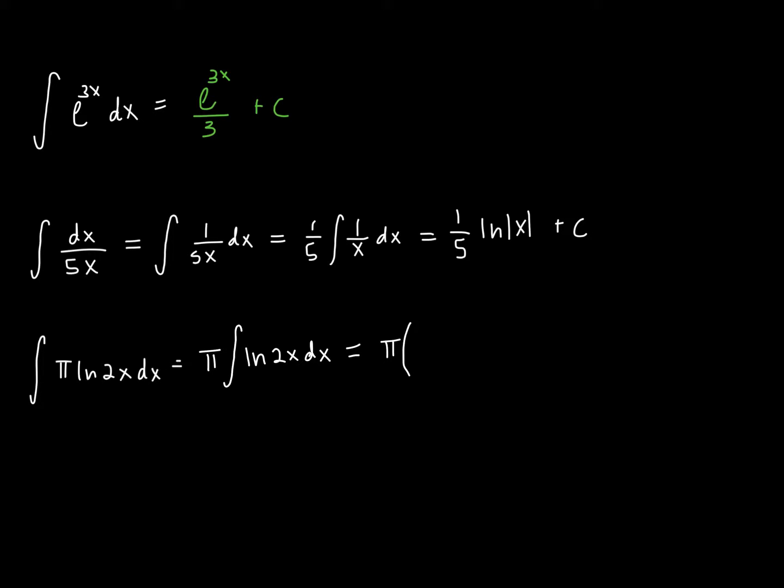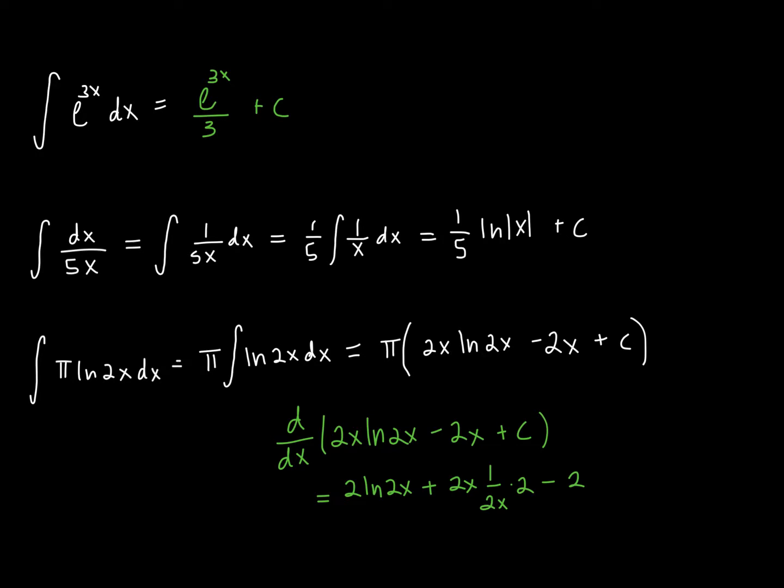So the derivative of the natural log of 2x is going to be 2x natural log of 2x minus 2x plus c. Okay, so let's take a look and make sure that when we take the derivative of this in here, we'll get this back and we can make any changes if we need to along the way.